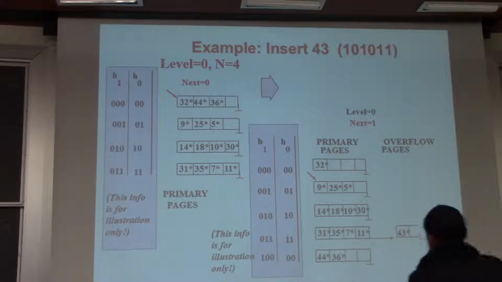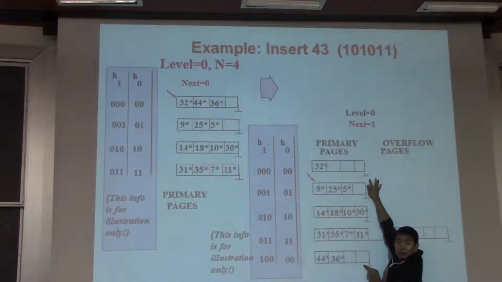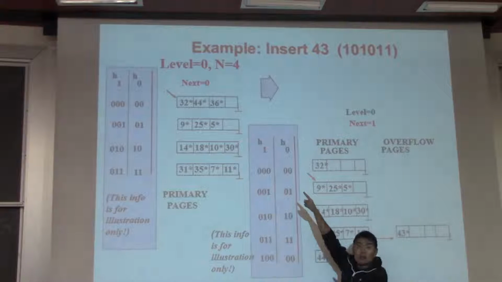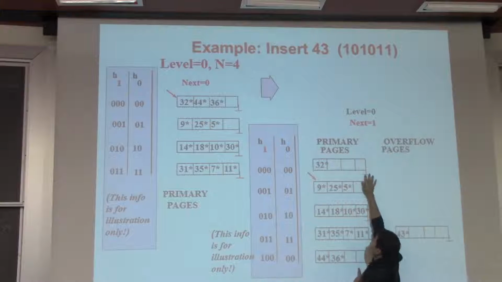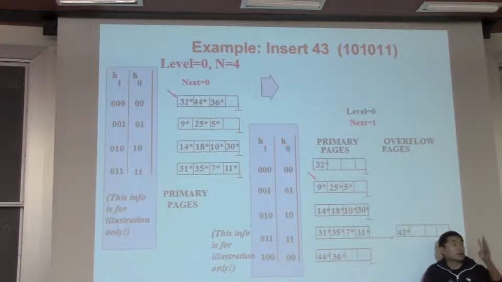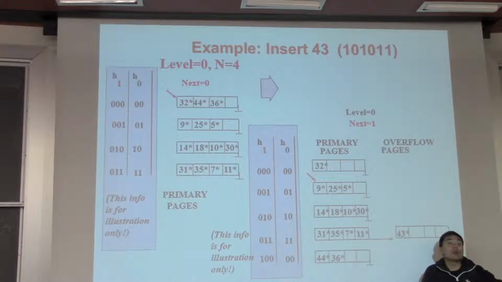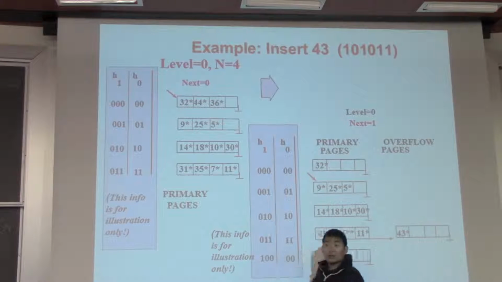In other words, this is your red bucket, this is your blue bucket. And initially this was a green bucket looking at only the last 2 bits. Now both the red bucket and the blue bucket will be looking at the last 3 bits. Why? Because they are using the next level hash function, which is this hash function now.